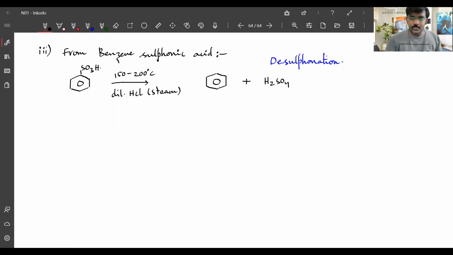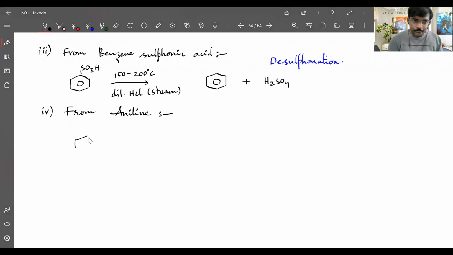Next, another derivative I'm going to take, that is aniline. Now I'm doing this preparation by using aniline. Aniline means on the benzene ring you'll have an NH2 group. Now I have to completely remove that NH2 part from there.